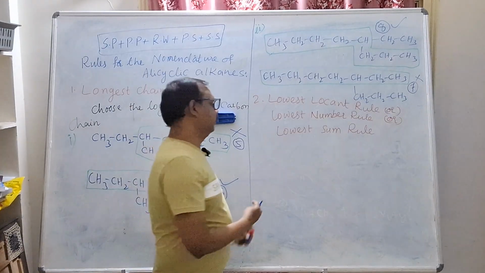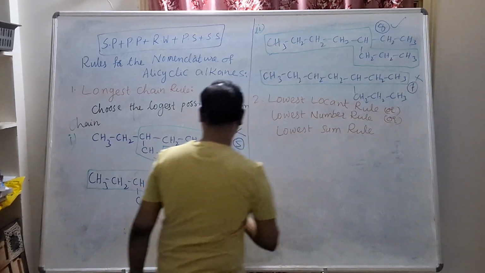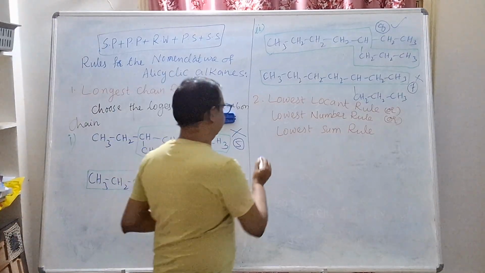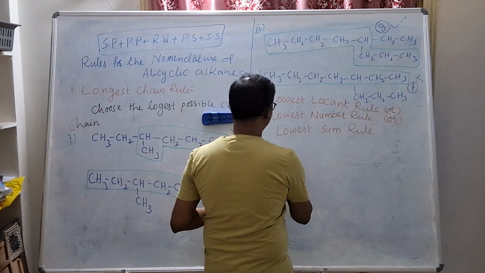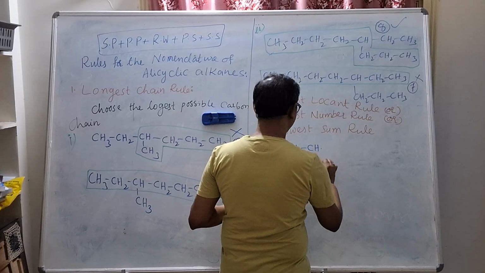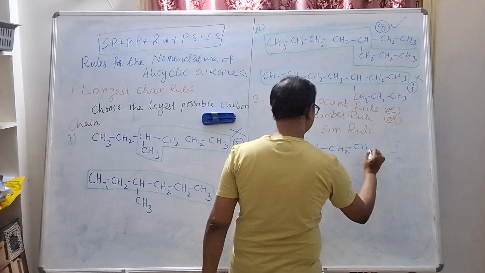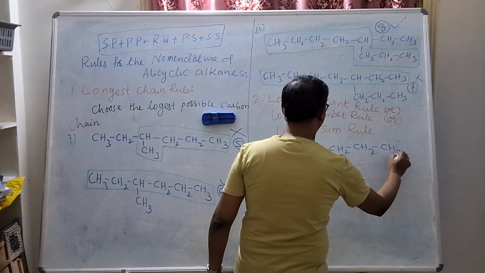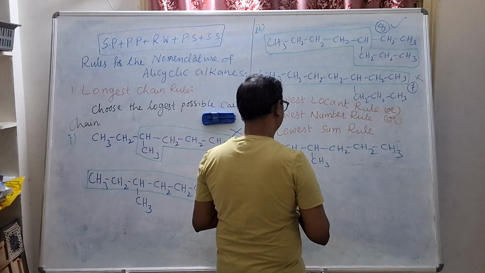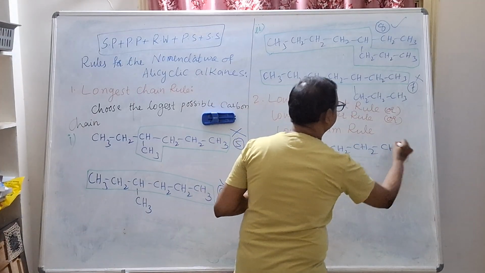Take the same compound here, because we know that this is the given compound. I am taking the same here: CH3, CH2, CH, CH3, CH2, CH2, CH3. There are a total of 6 carbons. You have selected the straight chain as the parent chain here.